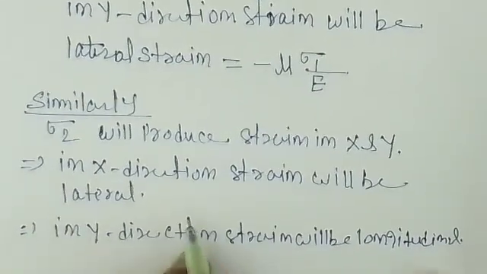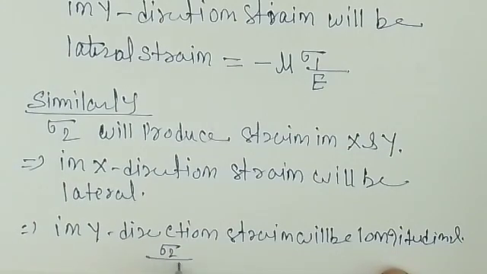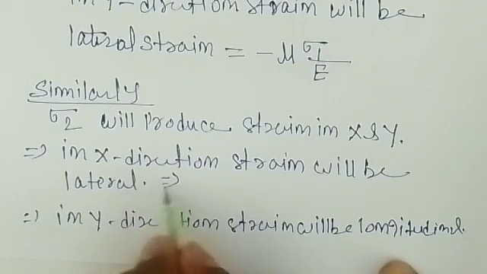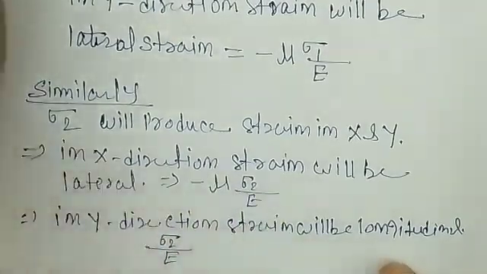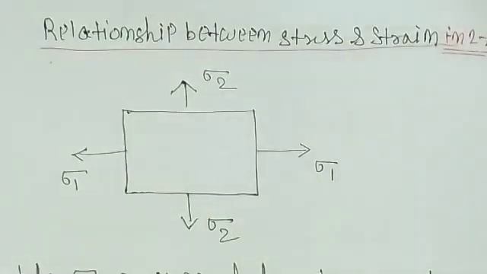And its magnitude is nothing but sigma 2 by E, right? Sigma 2 by E. So its lateral strain is what? Minus mu times sigma 2 by E. So it means that because of sigma 1 and sigma 2 on the x and y axes, we got 2 strains. When we consider sigma 1, the strain on the x-axis is longitudinal and the strain on the y-axis is lateral.